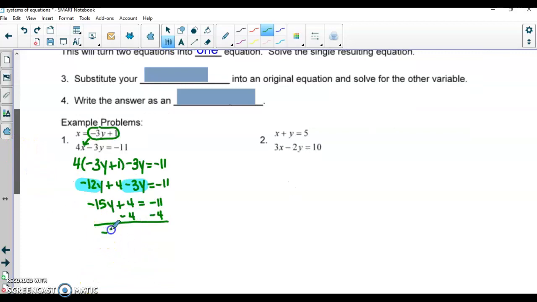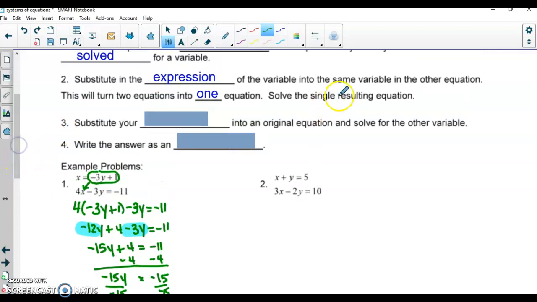So negative 15y will equal negative 15. Then we'll divide both sides by negative 15, and y equals 1. So we've solved that equation for y.